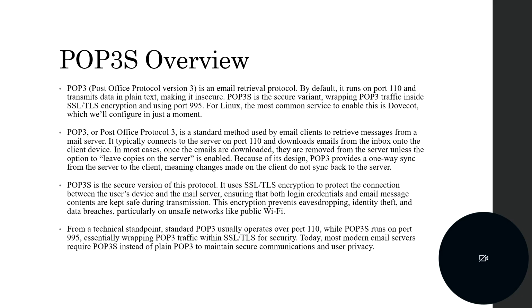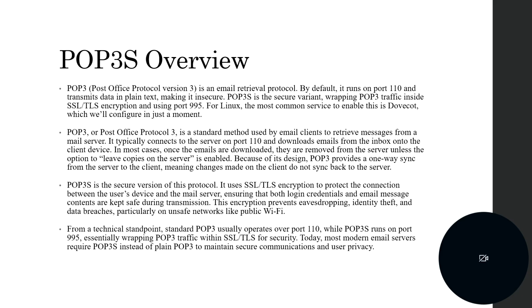POP3S is the secure version of this protocol. It uses SSL and TLS encryption to protect the connection between the user device and the mail server, ensuring that both login credentials and email message contents are kept safe during transmission. This encryption prevents eavesdropping, identity theft, and data breach, particularly on unsafe networks like public Wi-Fi.